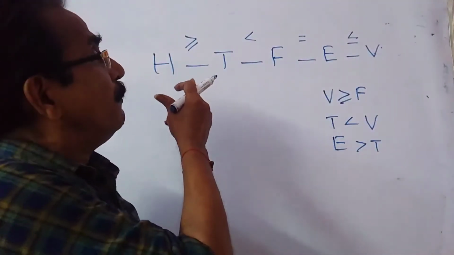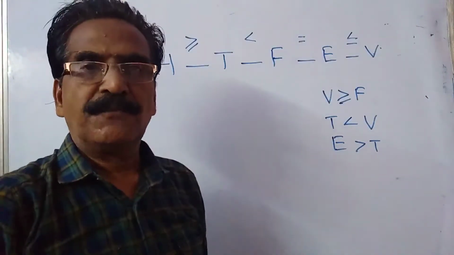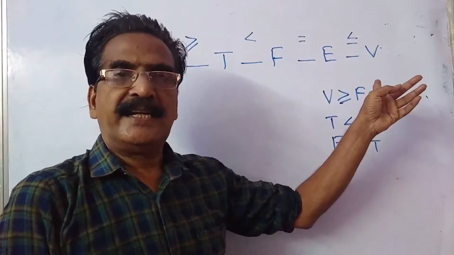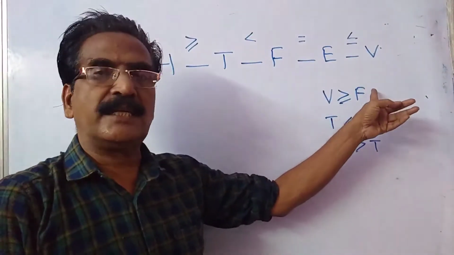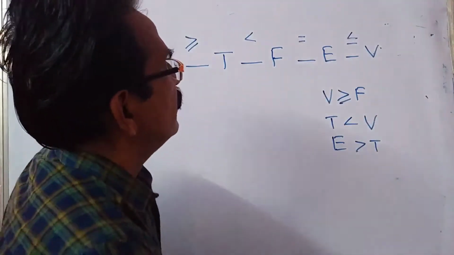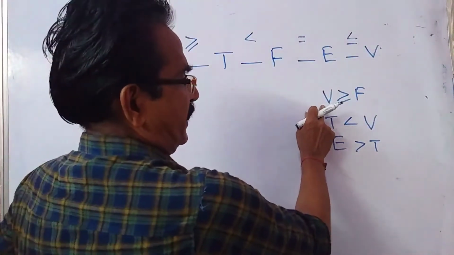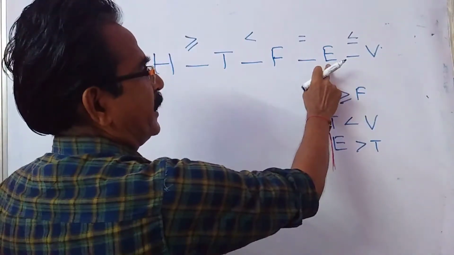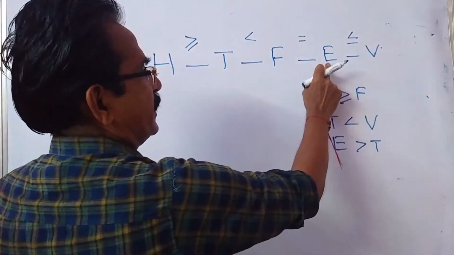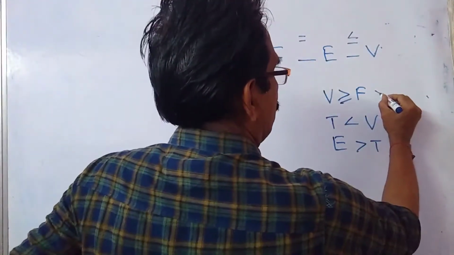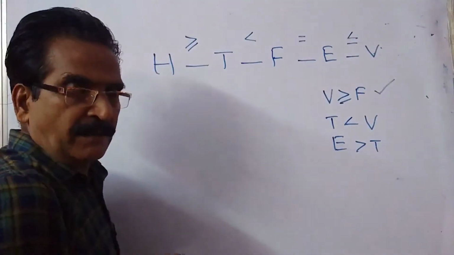If you place these symbols, let us verify if all the three statements are true. First conclusion is V greater than or equal to F. V greater than or equal to E, E is equal to F. So V greater than or equal to F is true.